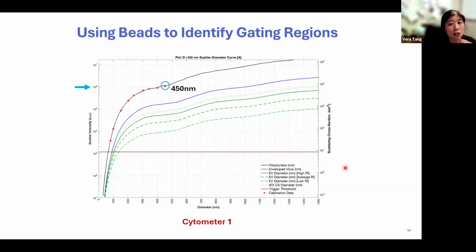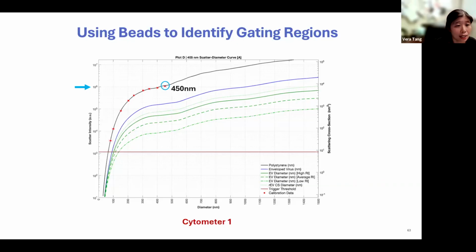It is something that's very easy to do. You draw your gates based on the population of beads that you have, and then you say, okay, this is my gating range. But doing that, especially with respect to looking at size and scattering data, introduces error, so you cannot exactly repeat that.